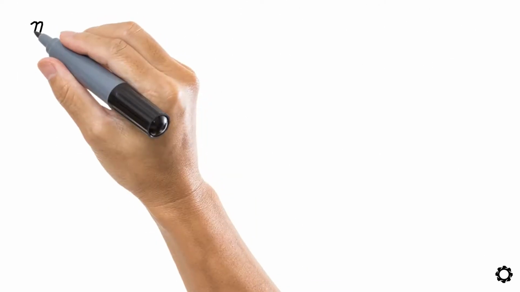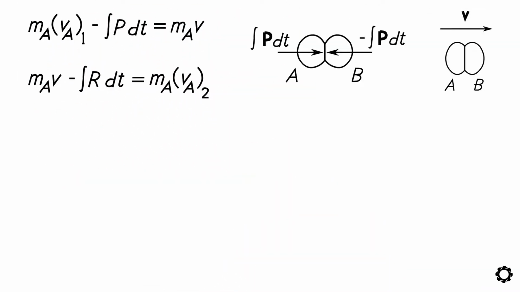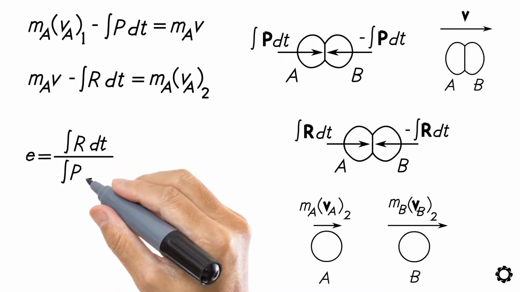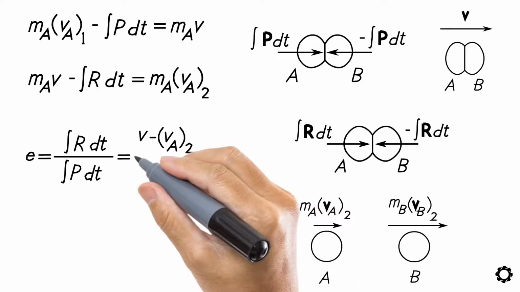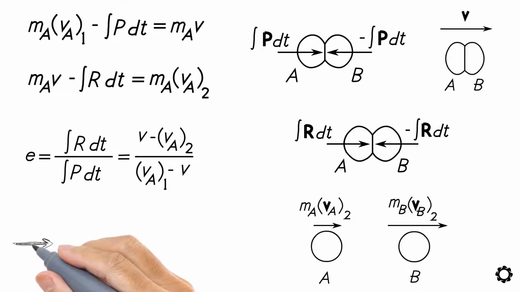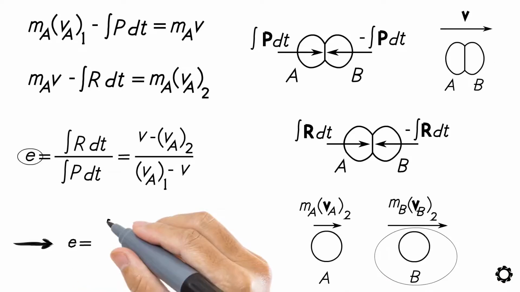If we apply the principle of impulse and momentum for particle A during its deformation and restitution and determine the relation of both the impulses, we obtain the following expression for our coefficient of restitution. Similarly, we could also express coefficient of restitution in case of particle B as follows.